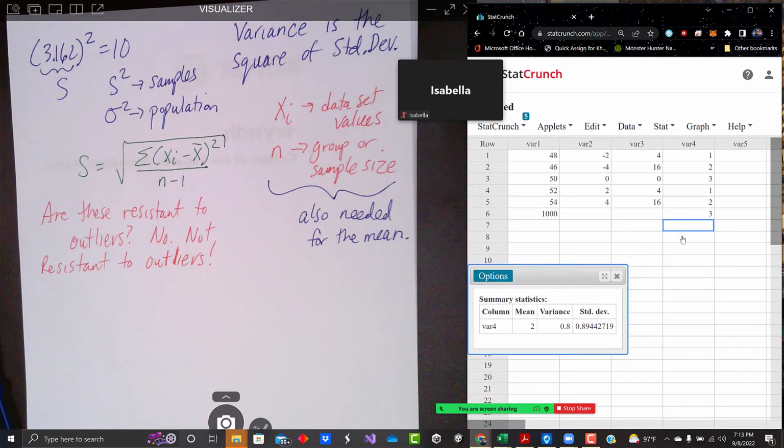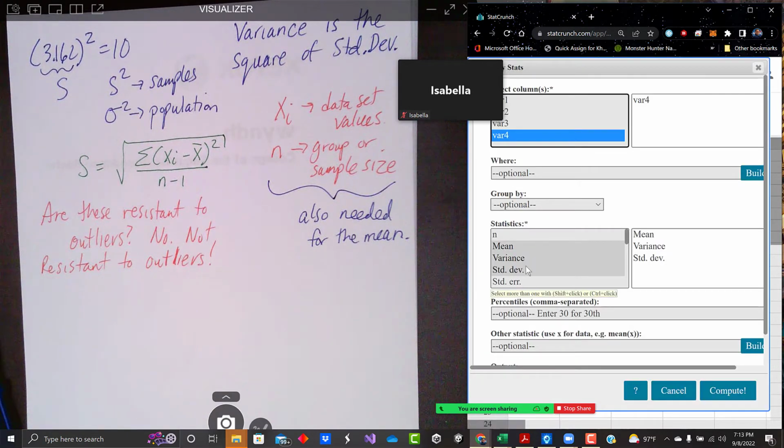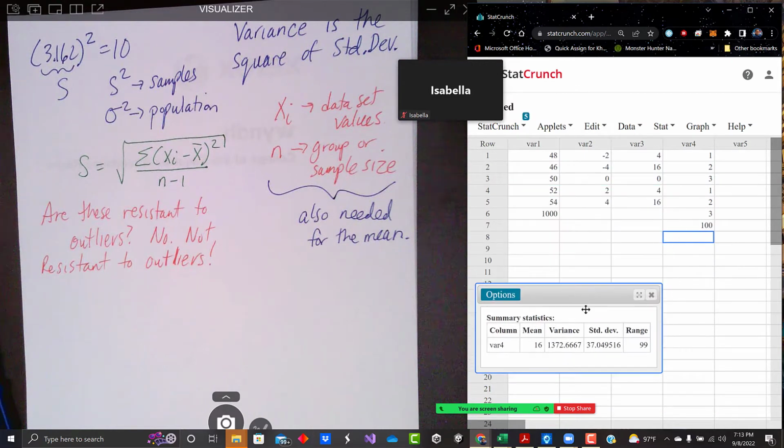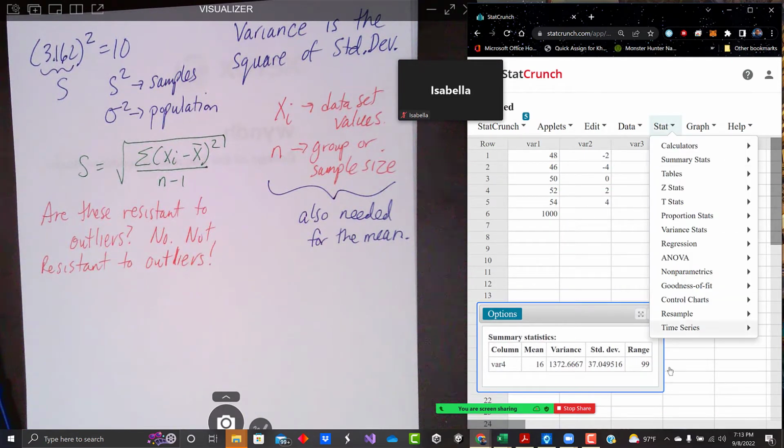Then I could add another number and recalculate. Oh, that was the adjusted one.